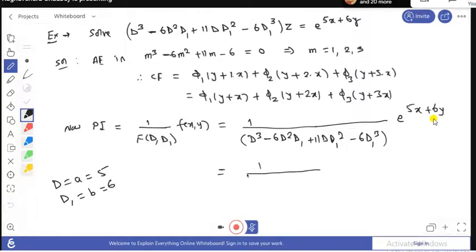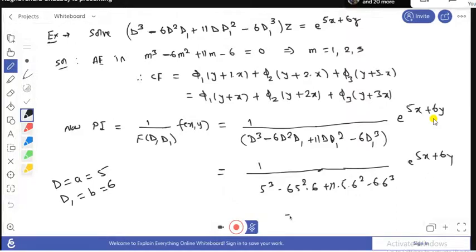On putting those terms, we get 5 cube minus 6 into 5 square into 6 plus 11 into 5 into 6 square minus 6 into 6 cube, and e to the power 5x plus 6y. On solving this, you can find the solution. So this equals minus 91 e to the power 5x plus 6y. So this is the particular integral of that problem.